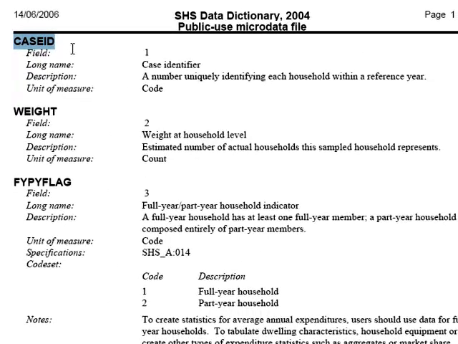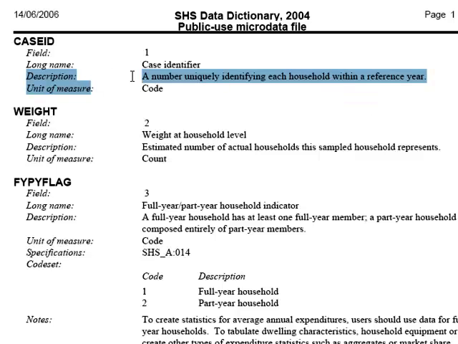This is that unique identifier, that primary ID field. The long name is case identifier, but in the database the variable is identified as case ID. Then there's a description: a number uniquely identifying each household within a reference year, and the unit of measure is called code.